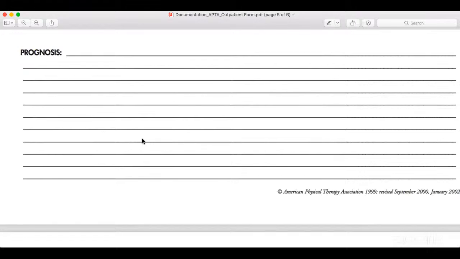So maybe he has 18 or 17 or 16. And I know that means that he has a cognitive problem. And therefore, I'm going to count that as something that will help me to know that it's going to take him longer than normal to be able to achieve a motor function through reorganization of the brain.